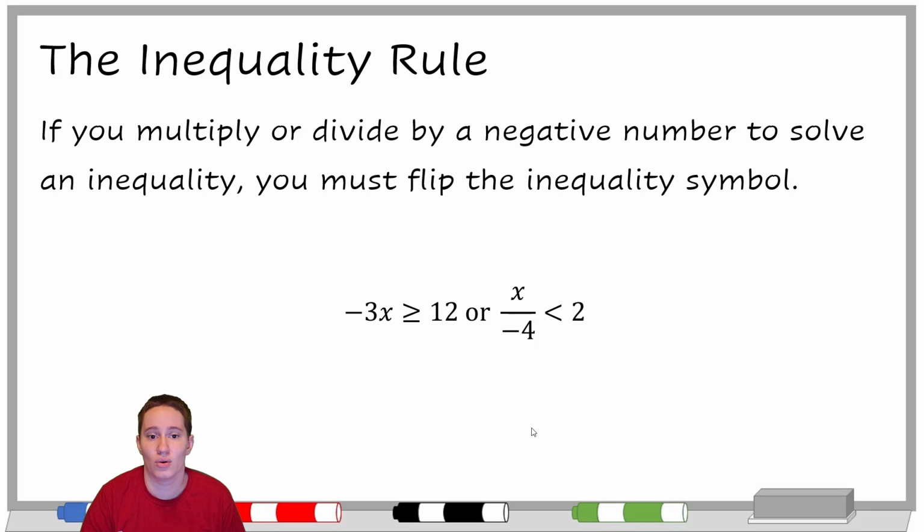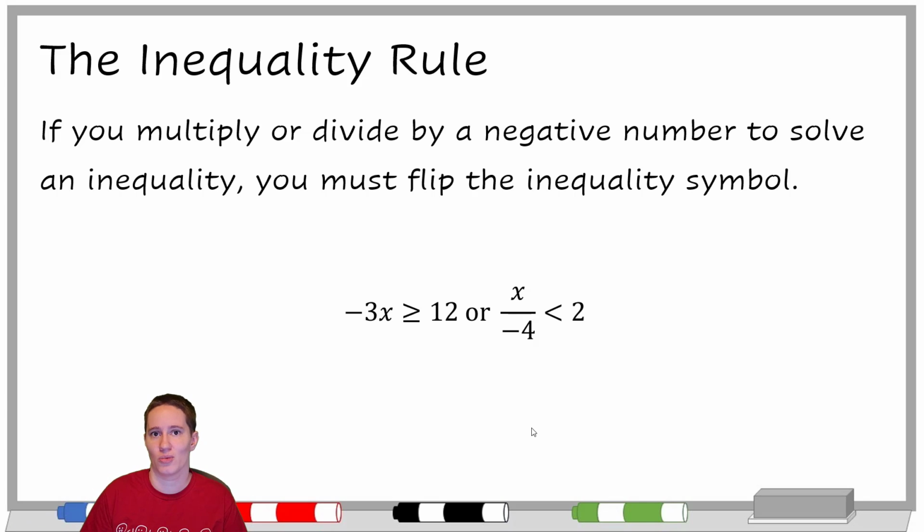If you multiply or divide by a negative number to solve an inequality, you must flip the inequality symbol. Now here's our first introduction to realizing that the method we use to solve something is kind of flawed, because we as human beings have to go, okay, I know that this is a rule that's there that I need to pay attention to, right?